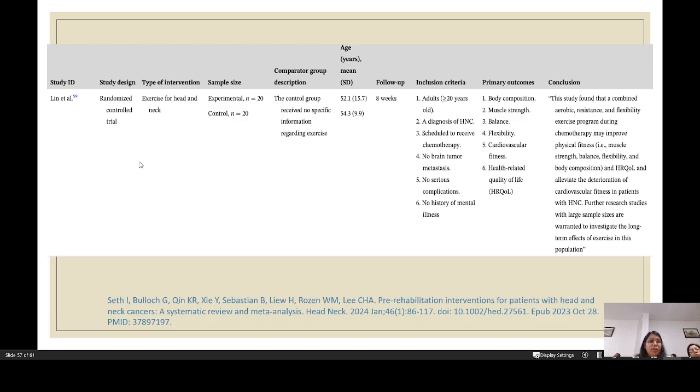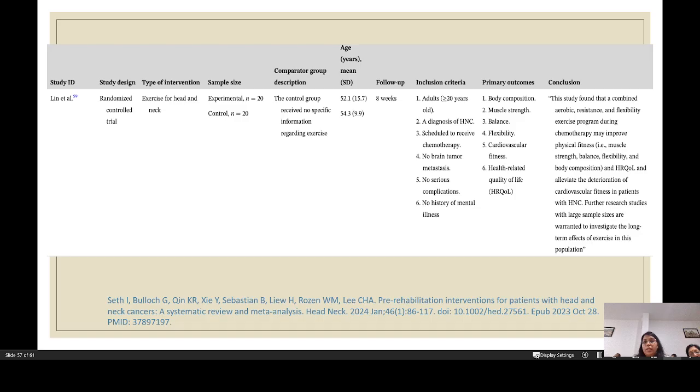Last one is Lin et al. Study design was a randomized control trial. Type of intervention is exercise for the head and neck. Sample size including 20 patients in each group. Control group received no specific information regarding the exercise. Follow-up for 8 weeks. Inclusion criteria including adults more than 20 years, diagnosis of head and neck cancer, scheduled to receive chemotherapy, no brain tumor, no serious complication, no history of mental illness.